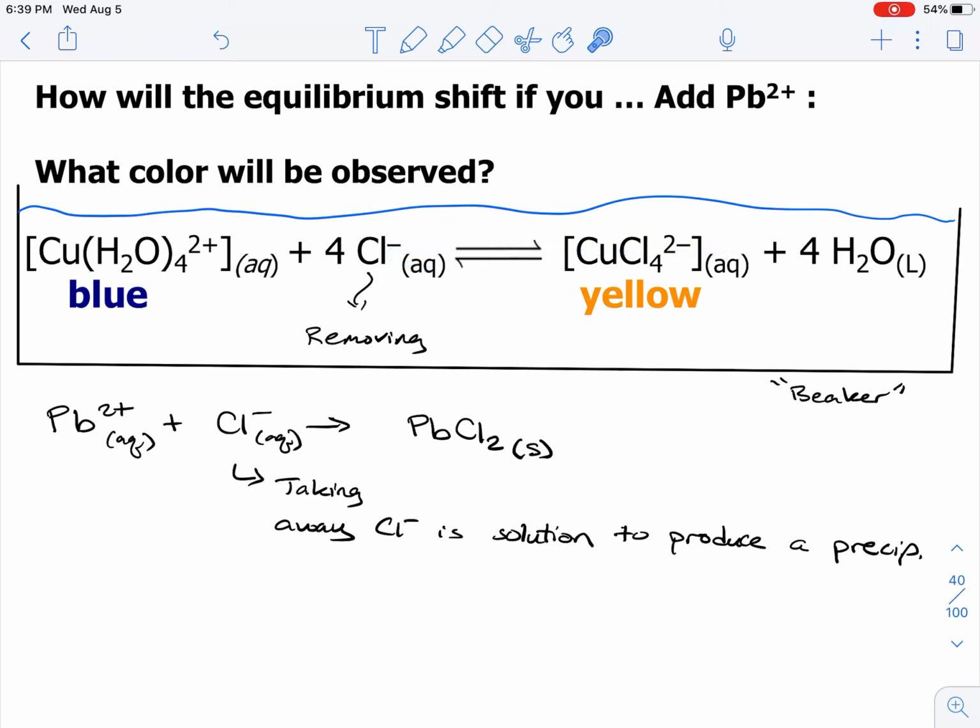In other words, it's going to consume some products to compensate for the amount of chloride that was lost. When the products are consumed, not only does it increase the concentration of Cl minus that was lost, but it also increases the concentration of the other reactant. Therefore, the color blue will be observed at the new equilibrium.